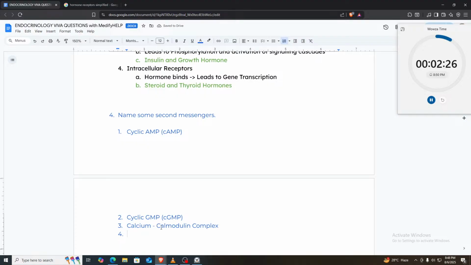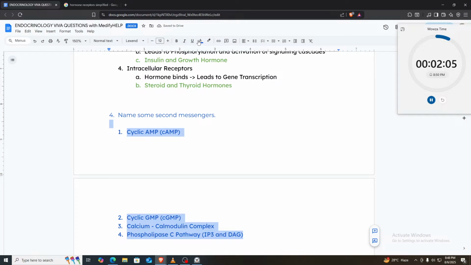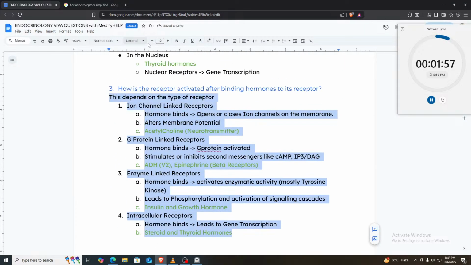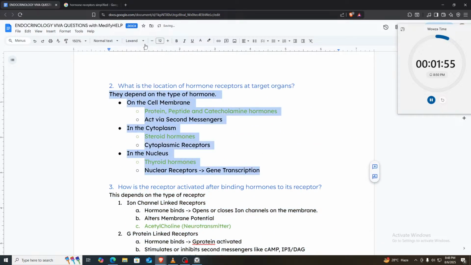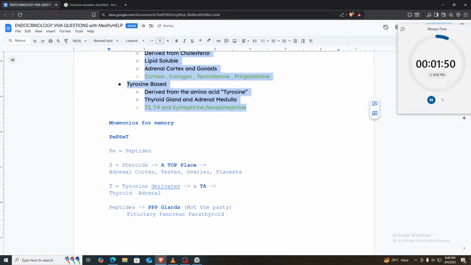And then you have your phospholipase C pathway, you see the IP3 and DAG. Of course, the same with it. And increase the size. Alrighty.